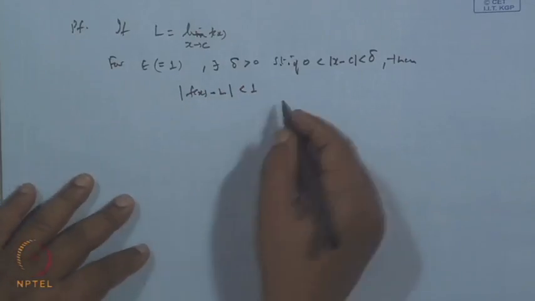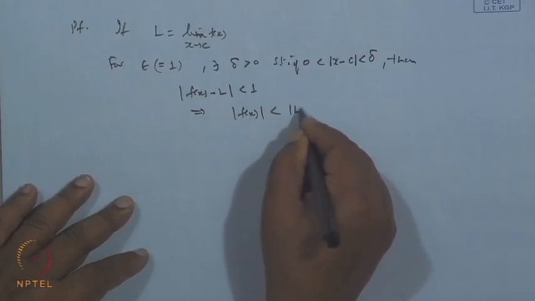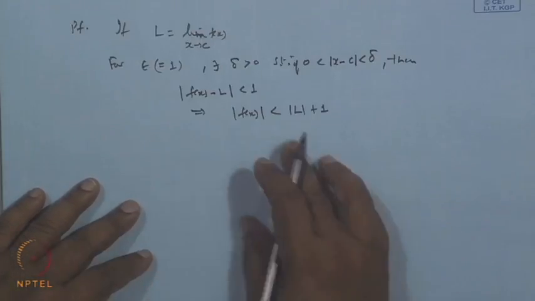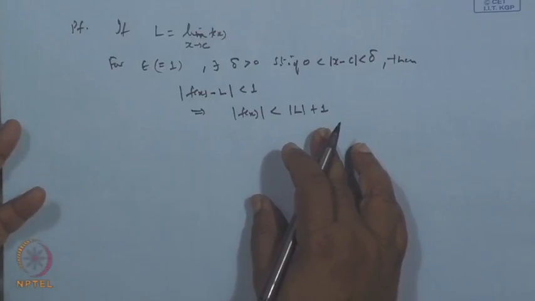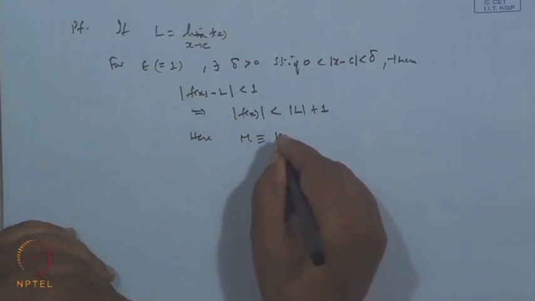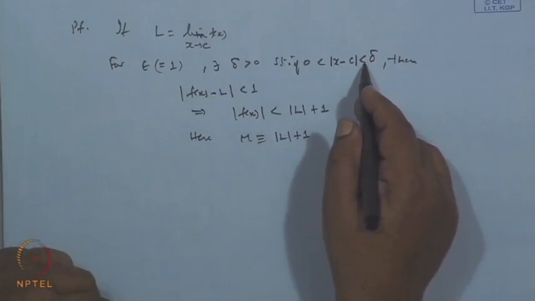Now from here, can you not say the mod of f(x) is less than mod L plus 1? So I choose M to be mod L plus 1, then it holds for all x in the neighborhood.